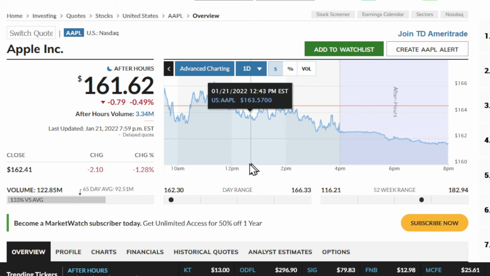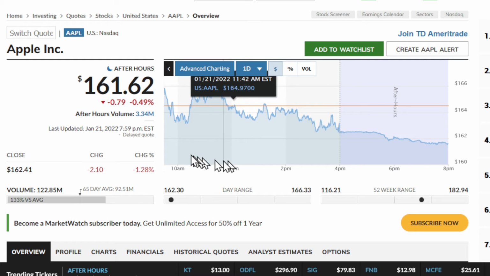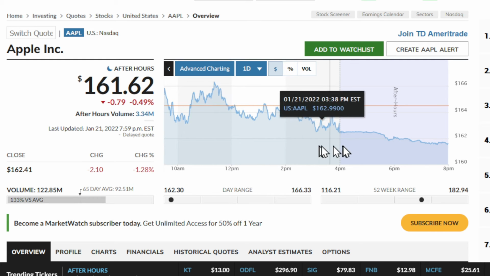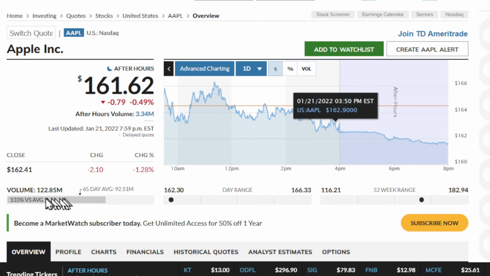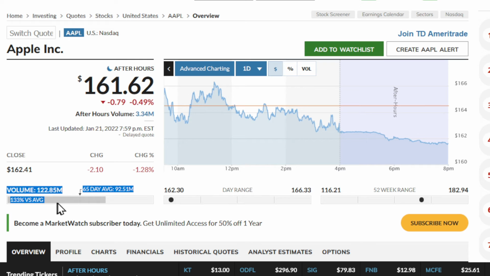The total number of shares that traded hands for that day is the volume, and that is right here. So volume was 122.85 million shares trading hands for the Apple stock for this day.